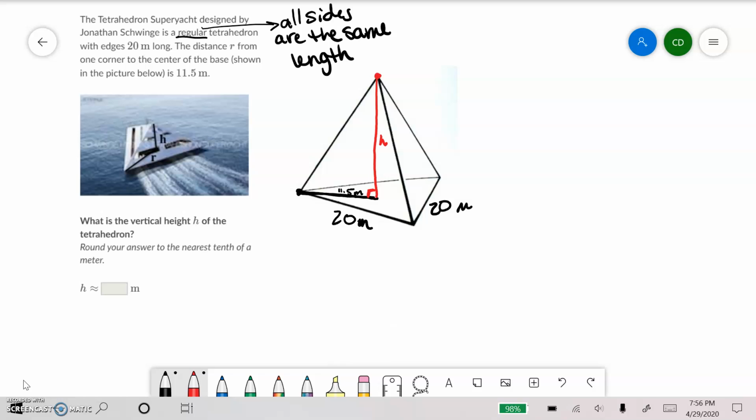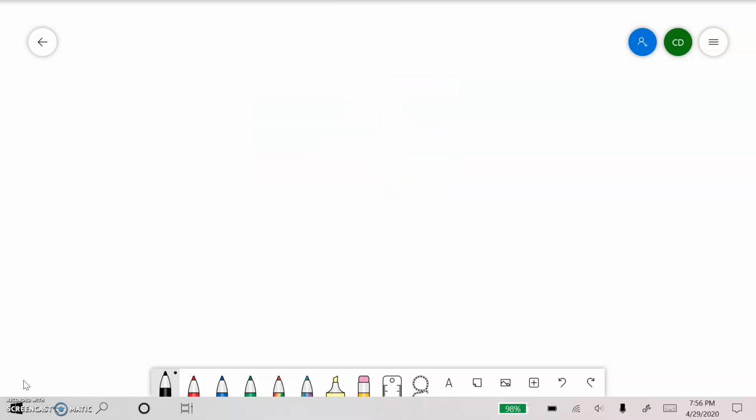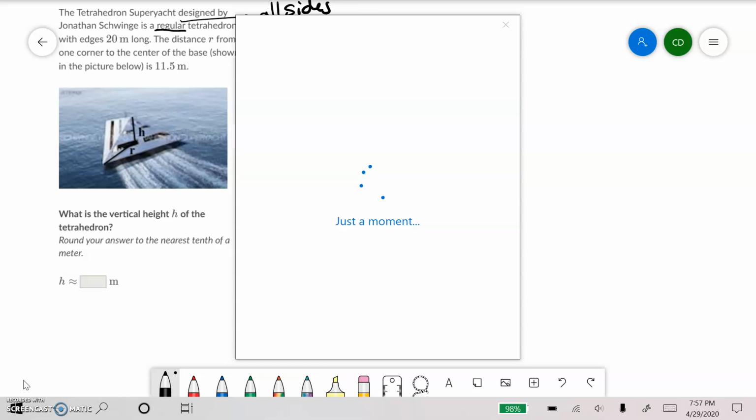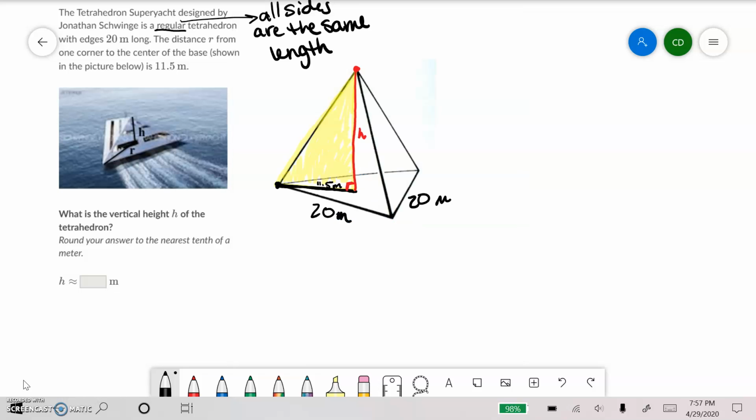How long is that? What you hopefully will see is that between this line and this edge, we've got this right triangle. So I'm going to redraw that right triangle, where this is 11.5 meters.